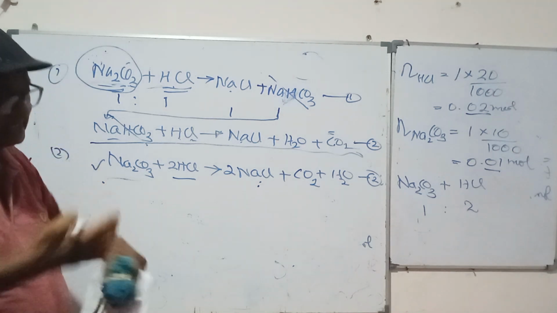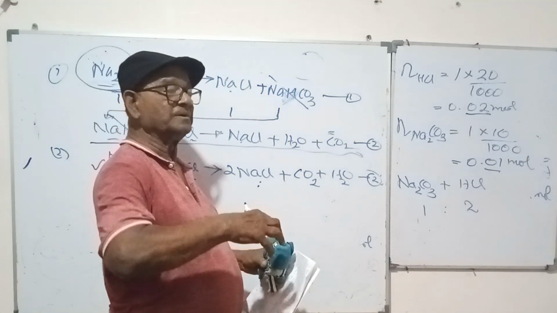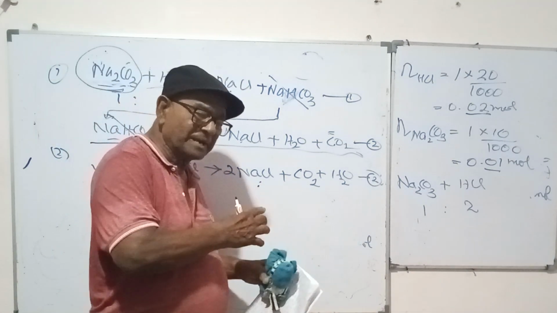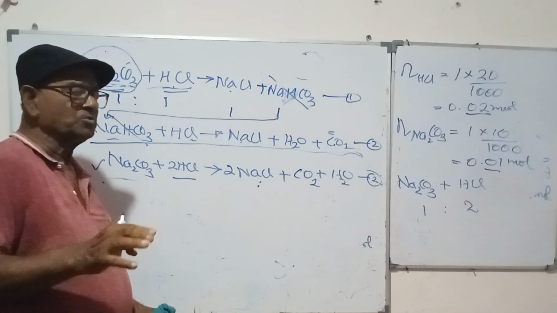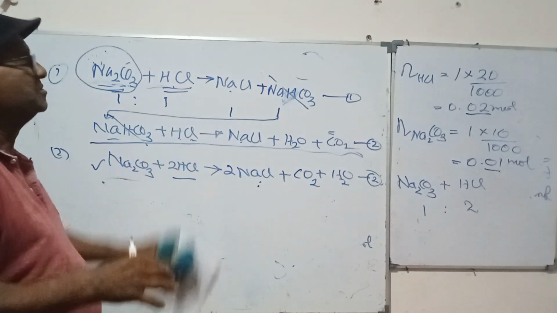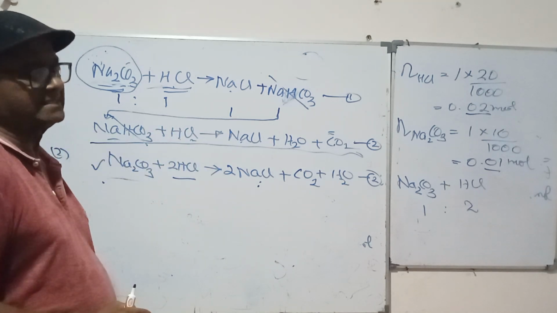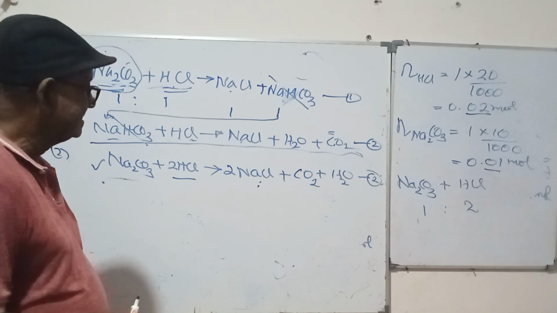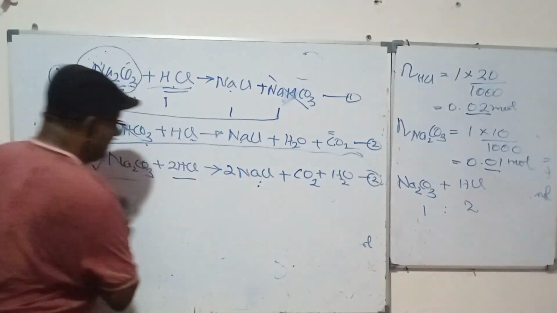If we add HCl without an indicator until the CO2 is evolved, the complete reaction occurs. But to study the two steps, we can use two indicators. Right? Then this is the final conclusion.